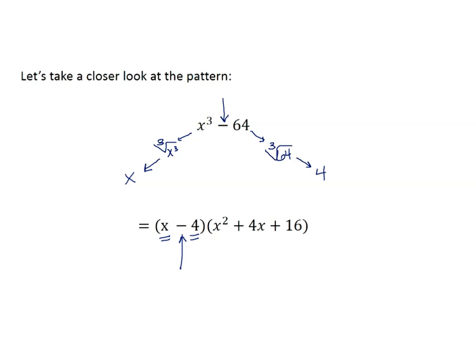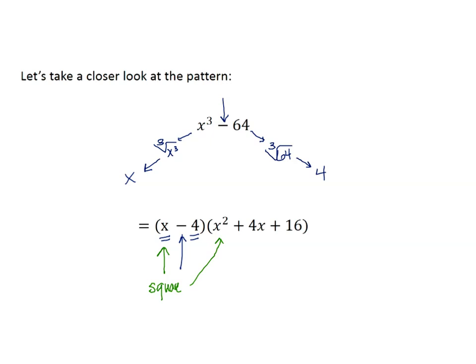Now let's look at the trinomial, which is the second part of the factored form. If I take this first number here, this x, and I square it, then I get this first number here.